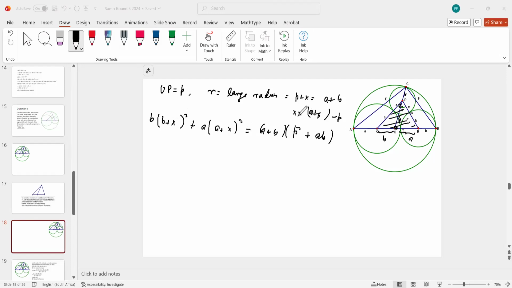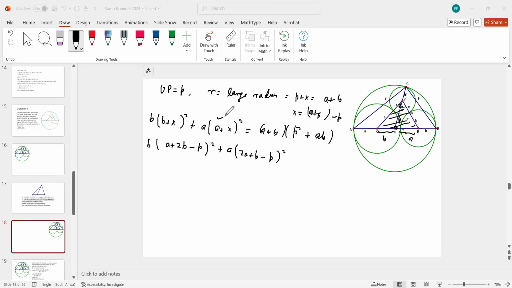So then if X is this, what is B plus X? So you have B into, now B plus X is A plus 2B minus P. If you're adding B to X, then A plus 2B minus P is all squared, plus A into A plus X, which is 2A plus B, minus P all squared.